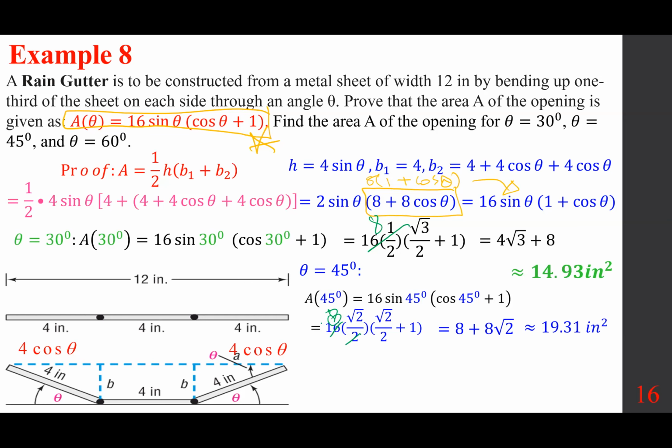In the case of 60 degrees, I'm going to change those to 60 degrees. The sine is square root of 3 over 2. And the cosine is 1/2.